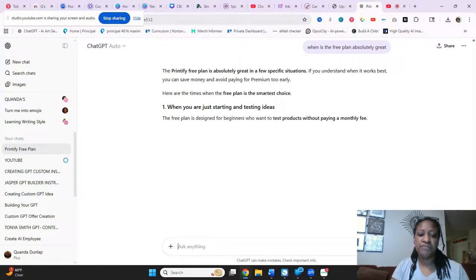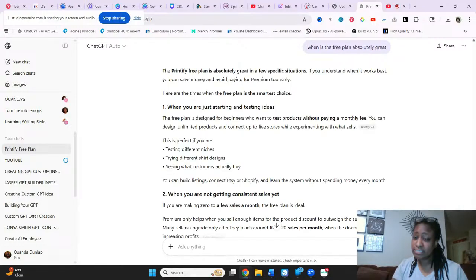Okay, so the Printify free plan is absolutely great in a few specific situations. If you understand when it works best, you can save money and avoid paying for premium too early. Here are the times when the free plan is the smartest choice.